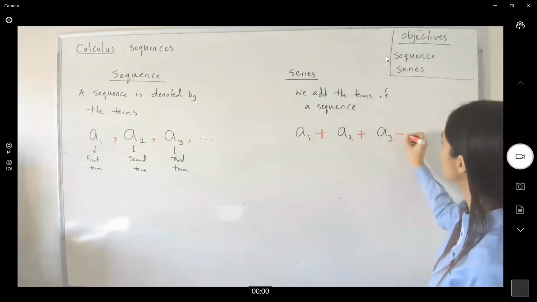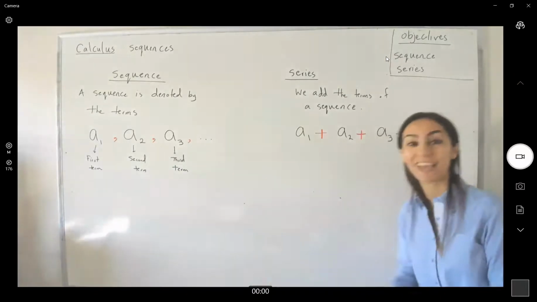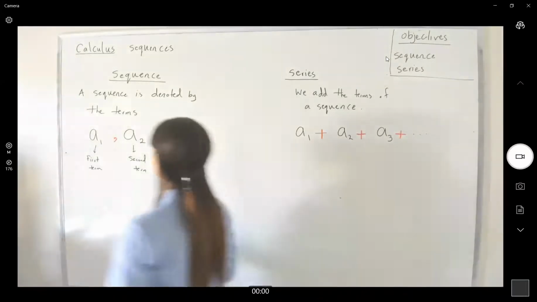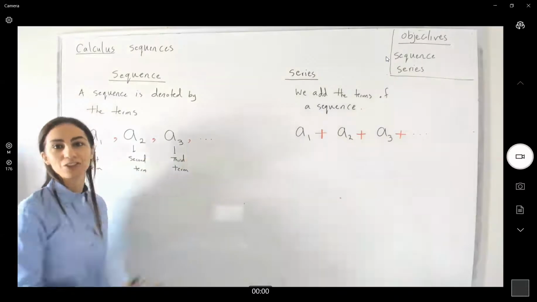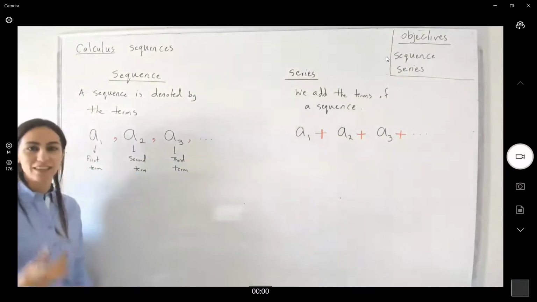That's the main difference between a sequence and a series. So for a sequence, you just list the terms. For a series, you add the terms, summation, addition.